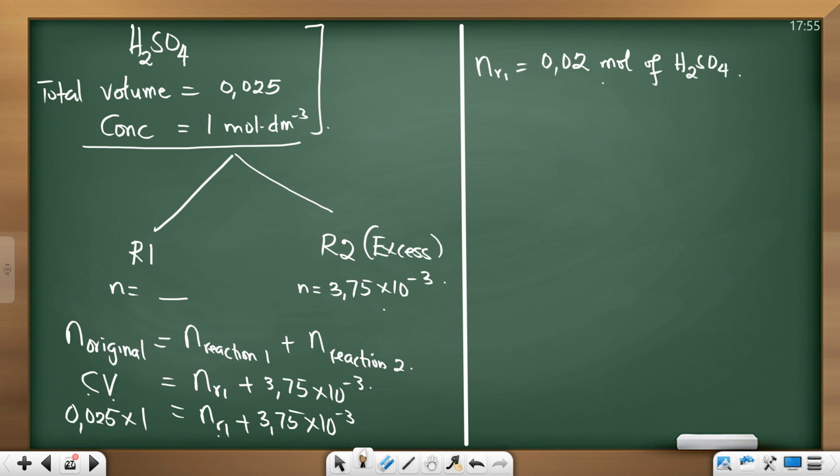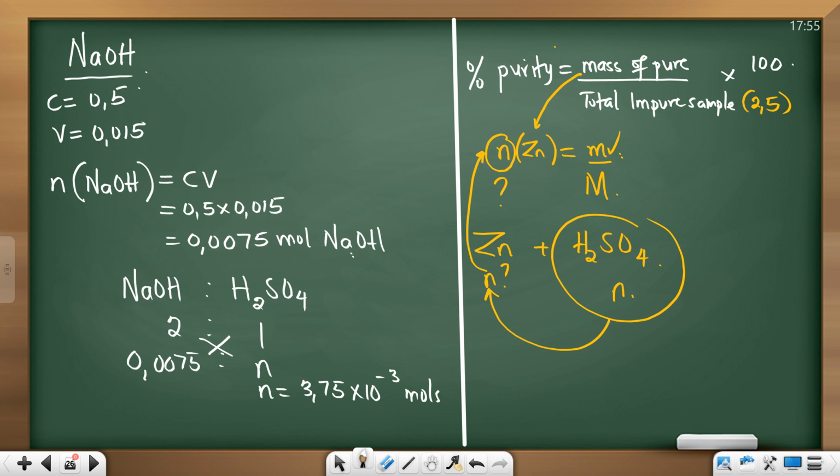Sulfuric. Now, this is the number of moles in reaction number 1. Do you know why we needed that? We are now here. Make sense?